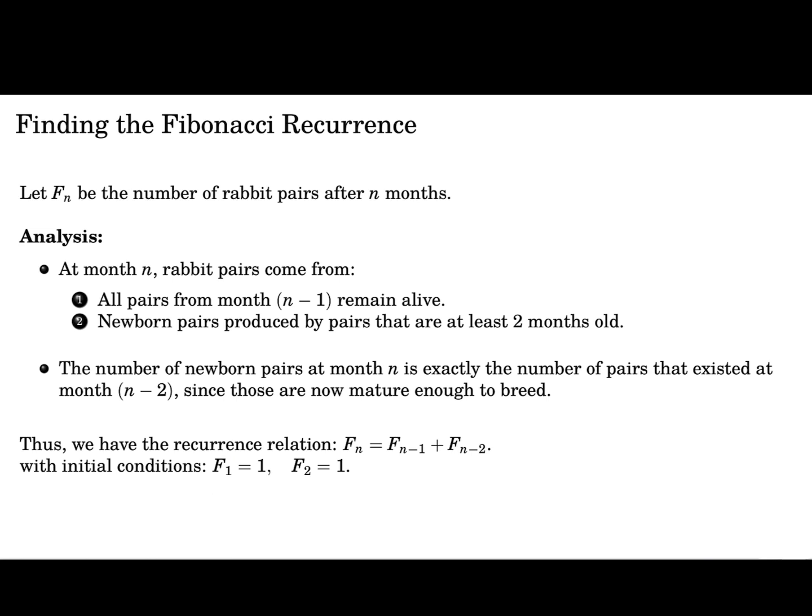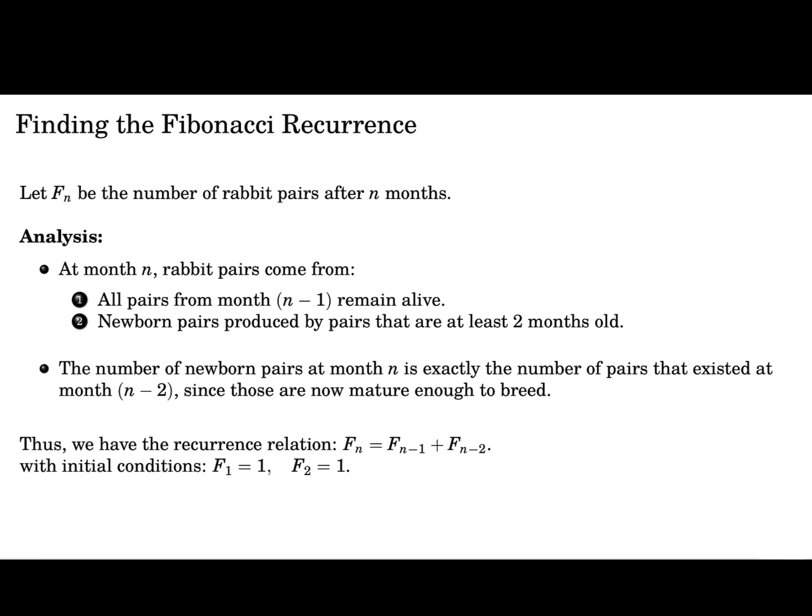Now, there are also new rabbits born during month n. Which rabbit pairs are old enough to produce these newborn pairs? Since rabbits do not breed until they are 2 months old, the pairs that produce the new rabbits at month n are exactly the pairs that existed at month n minus 2. So the number of newborn pairs is Fn minus 2.